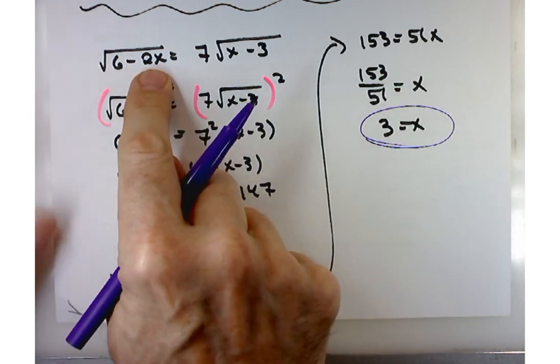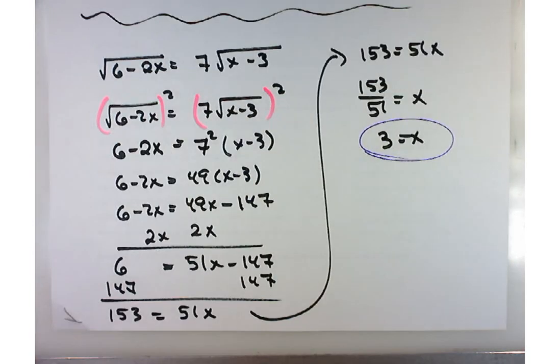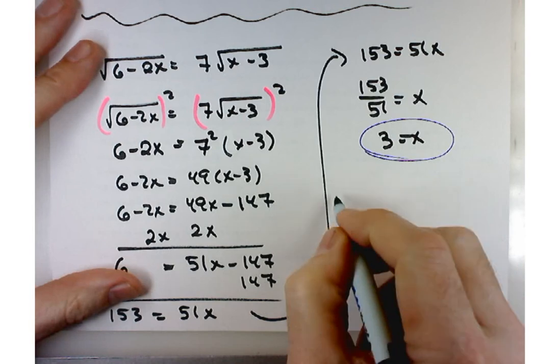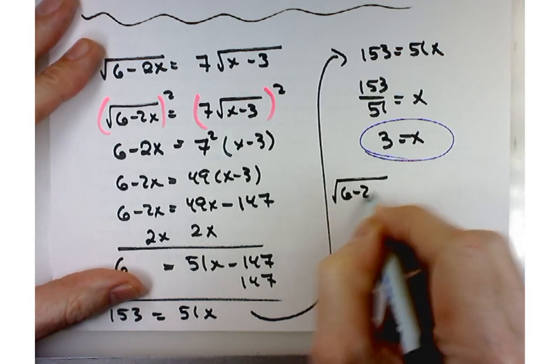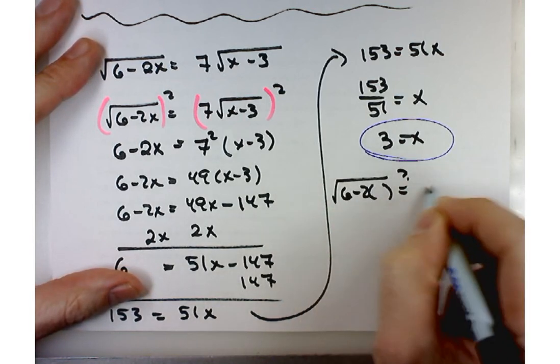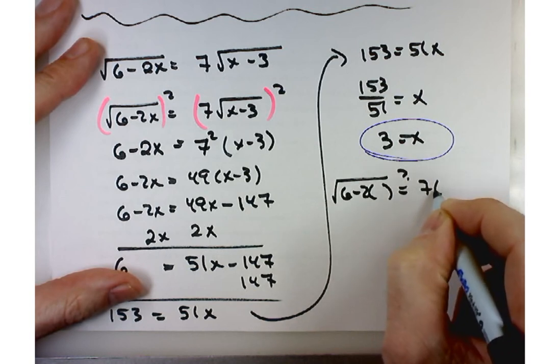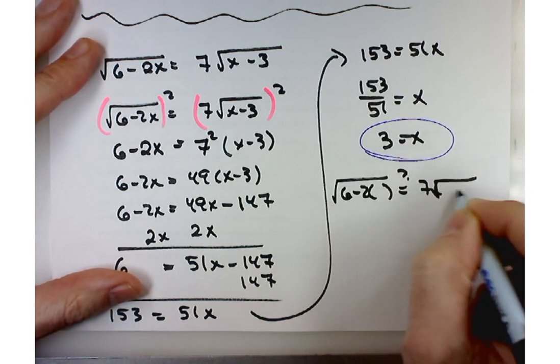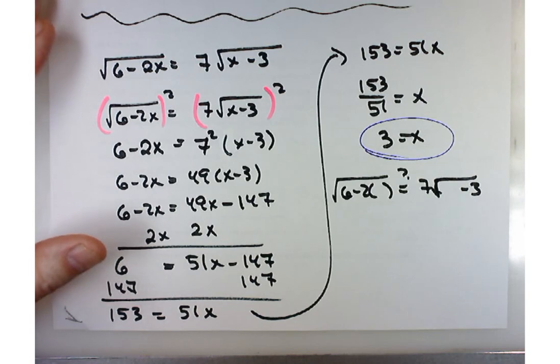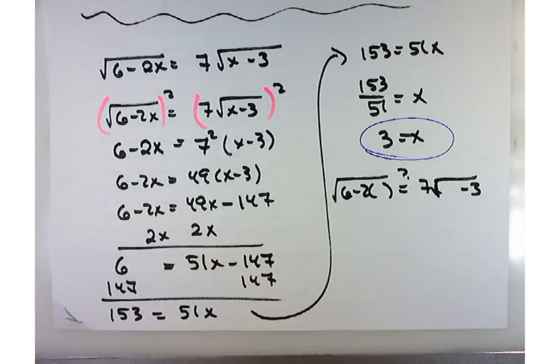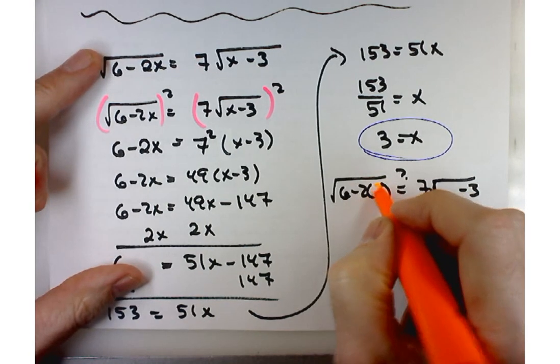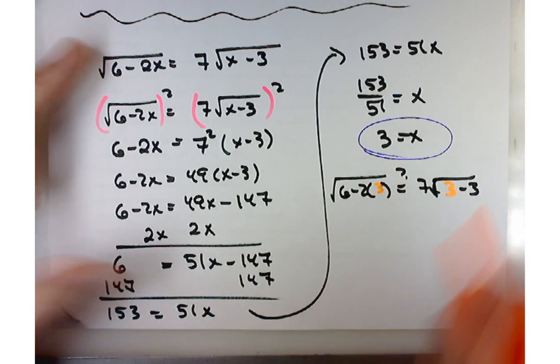And if I put in a 3 here, well, let's see what happens. Square root of 6 minus 2 times 3, does that equal 7 times the square root of x minus 3? So let's squeeze that 3 in there, 3 here, and 3 here.